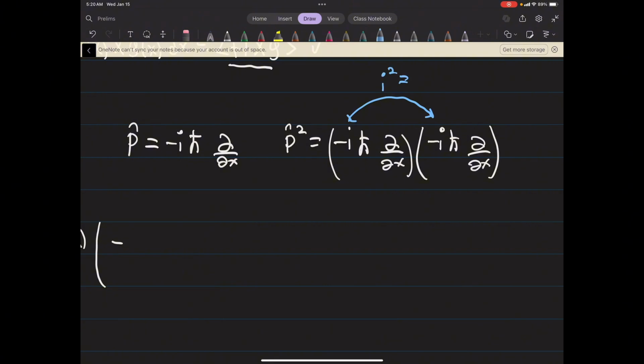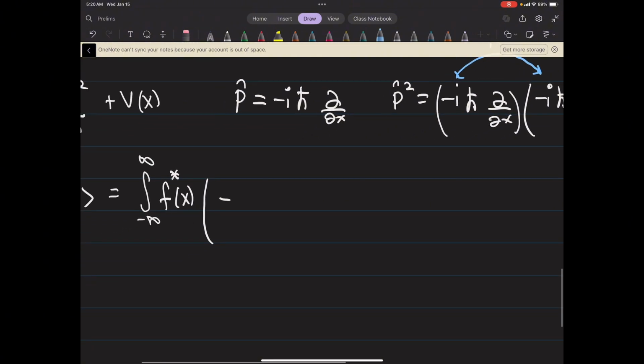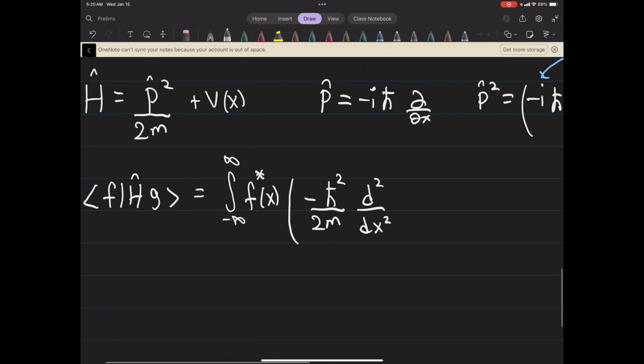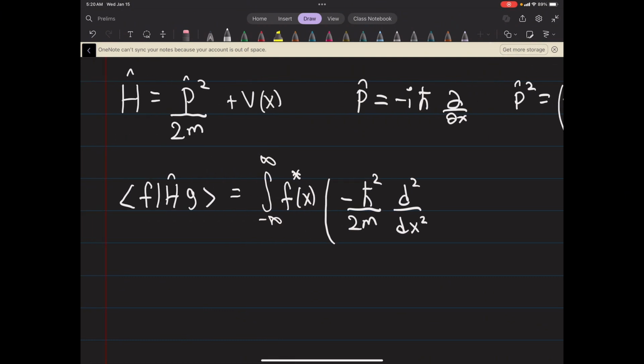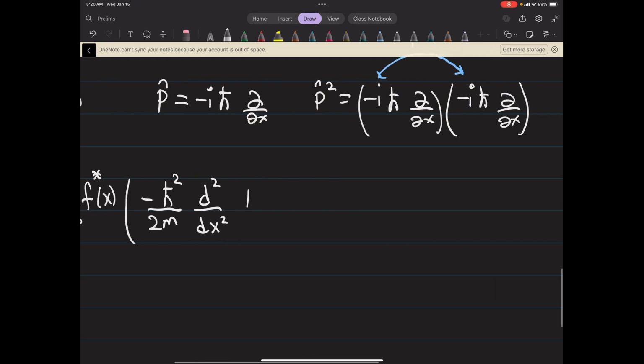So you're going to be left with minus h bar squared divided by 2m, and in this case everything's only a function of x, so the partial derivative notation isn't really necessary. And then we have our V of x term out here, and then g of x dx.